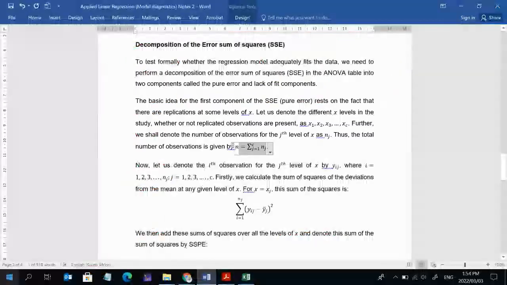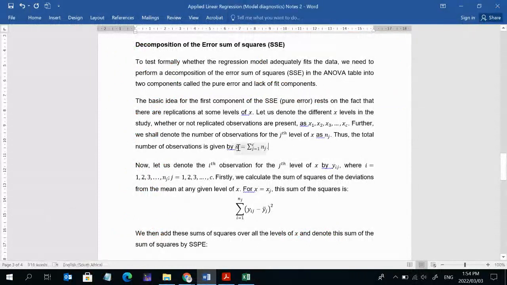So that's what we mean by this statement, that the total number of observations is given by this. It's the sum of the number of observations in the x levels.